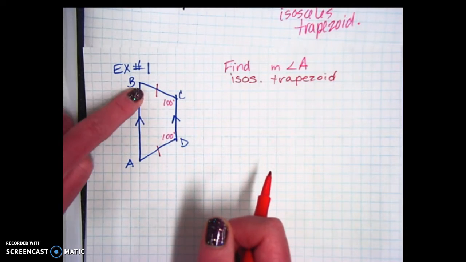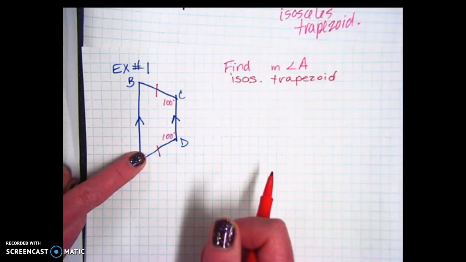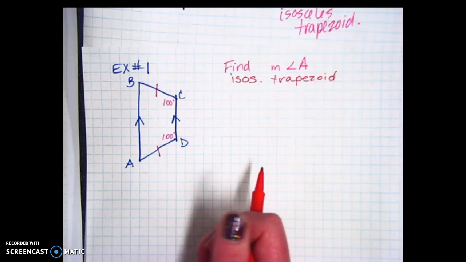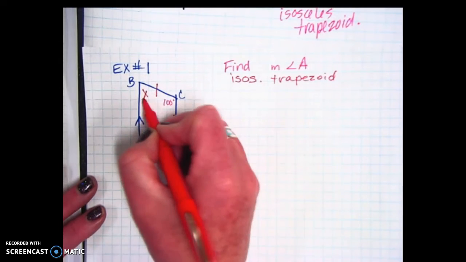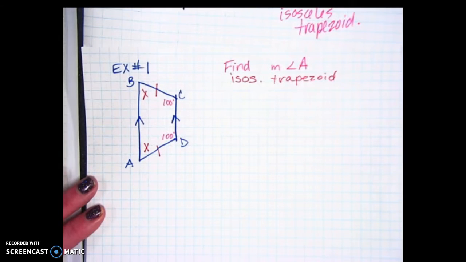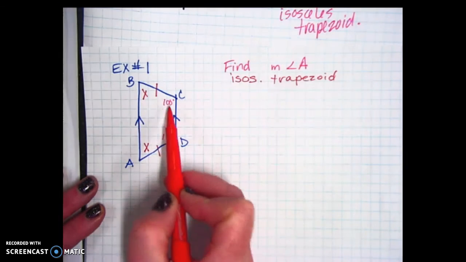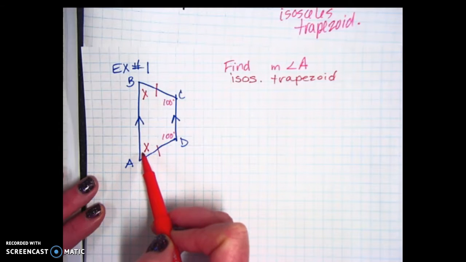So we don't know this one and we don't know this one, but we know that they're the same, okay? So we're going to use an X, or you can put a question mark, however you want to label it. So we have X degrees, 100 degrees, 100 degrees, and X degrees.